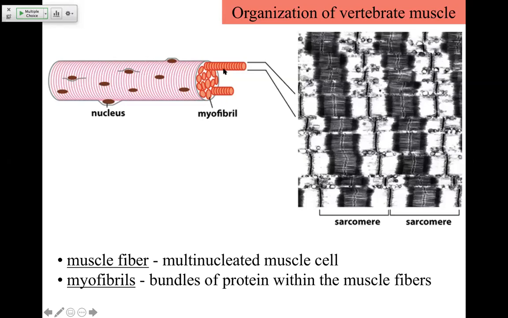And this muscle fiber is packed with these bundles of protein that we call myofibrils. Now, if we look at a myofibril, what we see is that it is again packed with all of these parallel arrangements of cytoskeletal filaments. Here they are all arranged parallel to each other. The filaments are composed of these functional, contractile units that we call sarcomeres.